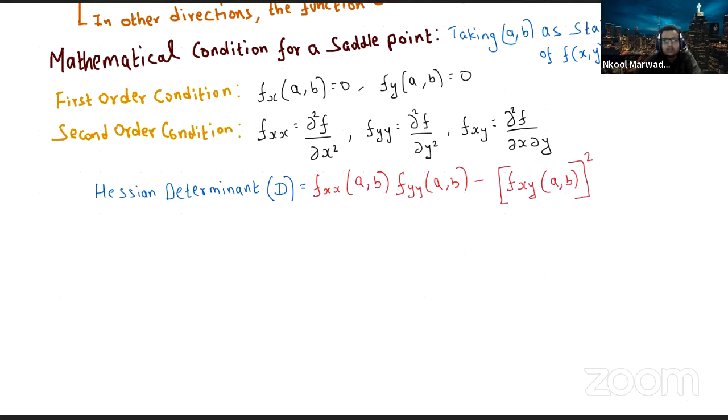So we calculate the Hessian determinant. Then for the saddle point, d has to be less than 0, d has to be negative.